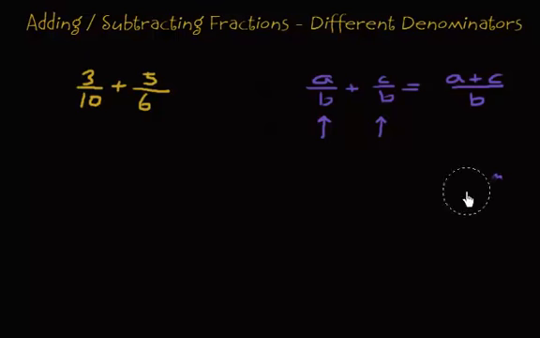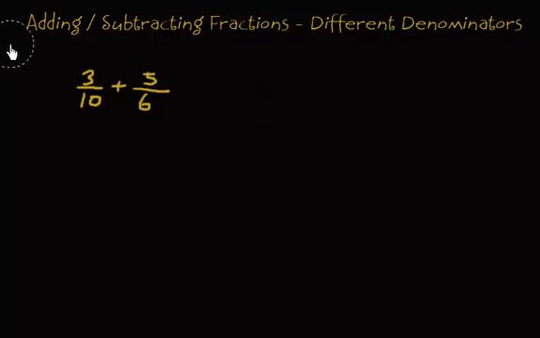We're going to convert these fractions so that they have the same denominator. So the first thing we have to do is figure out what the LCM of 10 and 6 is, because that's what our denominator is going to be.